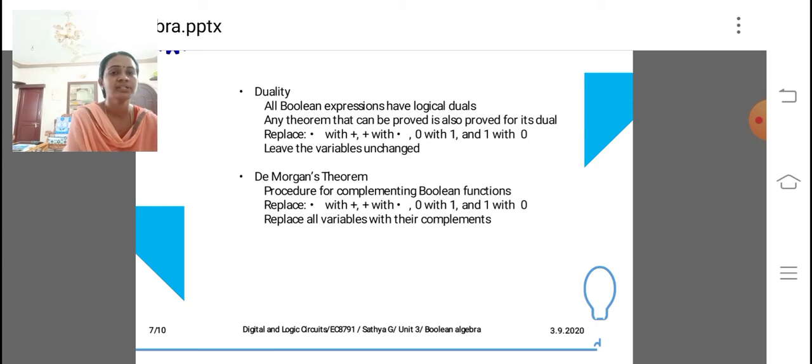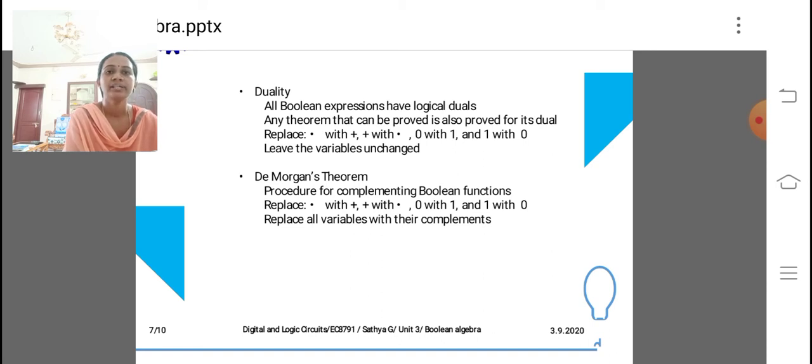And the second condition, A plus B the whole bar is equal to A bar into B bar. That is, the complement of a sum is equal to the product of the complements. We will do some problems on De Morgan's theorem, then we will understand it easily.